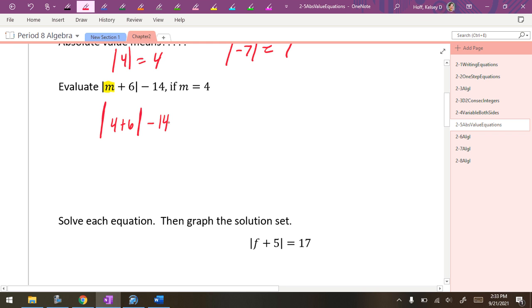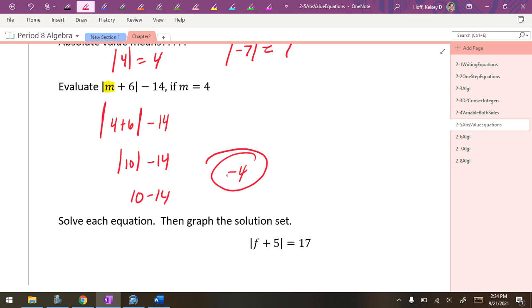Absolute value bars fall under the category of parentheses, so take care of them first. Inside the bars, what is 4 plus 6? 10. So I have the absolute value of 10, which is 10. Once I take the absolute value, it can come out of there. 10 minus 14 is -4. Just because it's an absolute value situation doesn't mean your final answer is always positive.